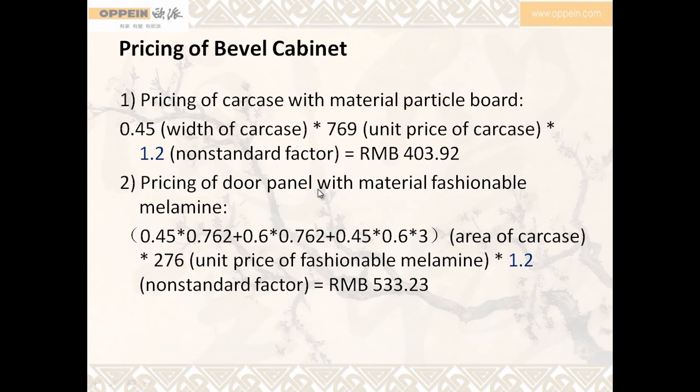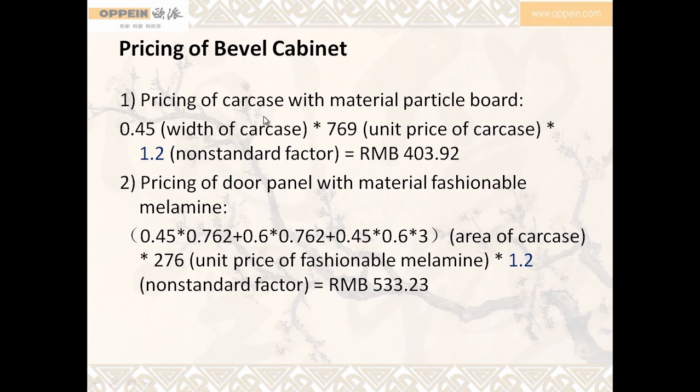Now let's see the pricing for this cabinet. There are two prices. One is price of carcass with material particle board. The other is price of door panel with material fashionable melamine. 1.